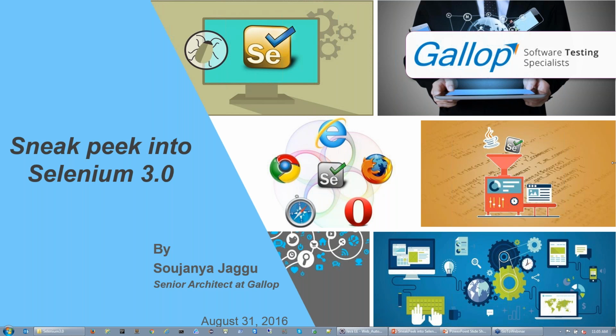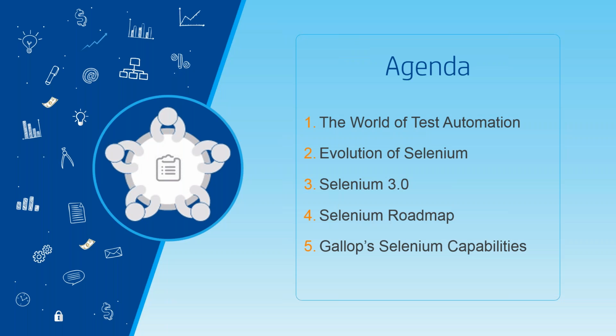So let me move on to the agenda. Before we understand what's new in Selenium 3.0, let's try to understand the world of test automation, and how Selenium continued its space in the market by influencing open source automation, and how Selenium helped in accelerating the testing in continuous integration and continuous delivery pipelines.